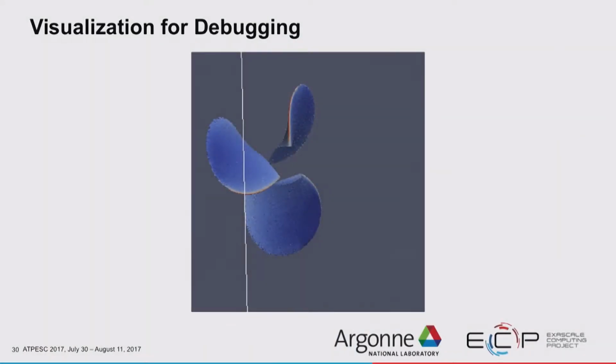In this case, the flow is going from right to left. And pay attention to what happens to this propeller. The one on the right is the one in the front. As the simulation goes on and these propellers are turning, at some point, the first one went away. As you can imagine, the results were very different than if there were two propellers. It turned out that they had a bug in their code.